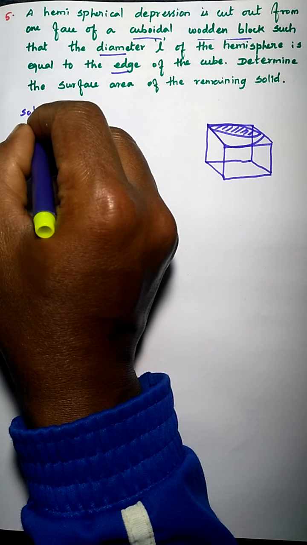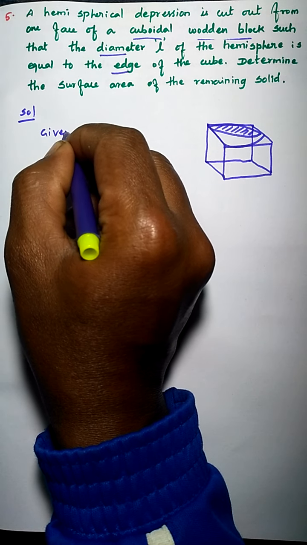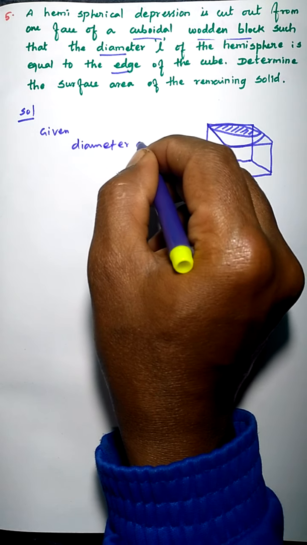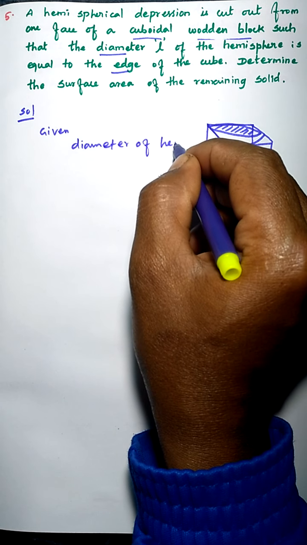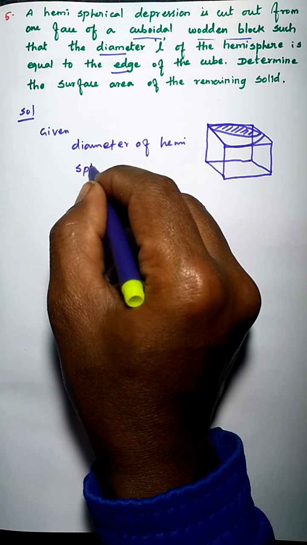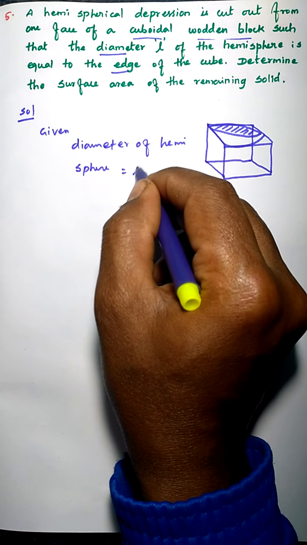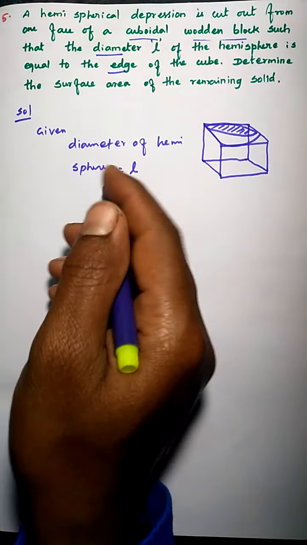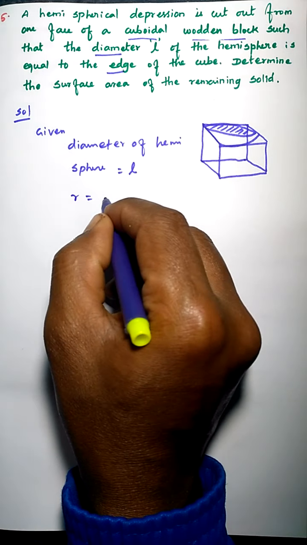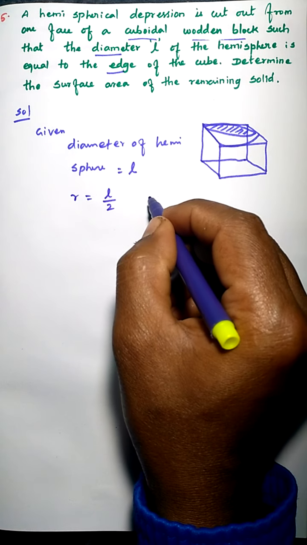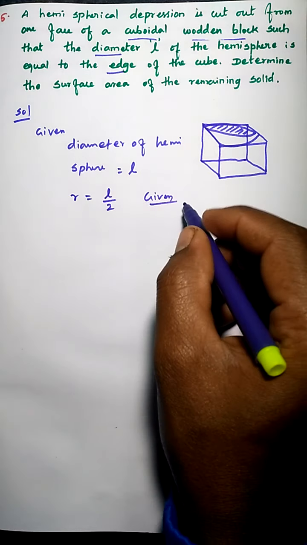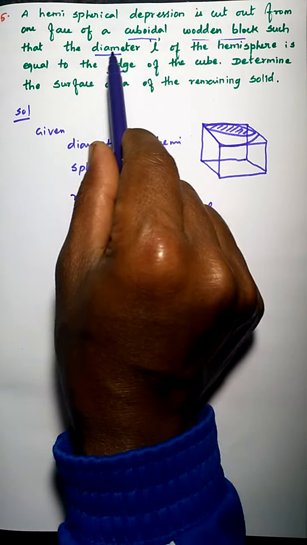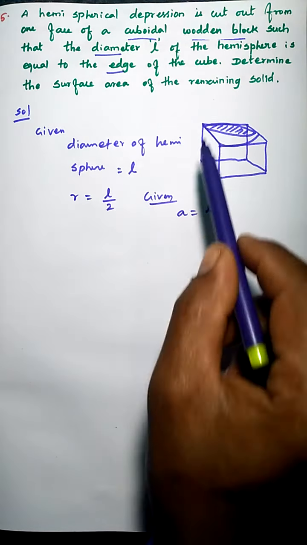So let's start the solution. Given: diameter of hemisphere is L. If the diameter of the hemisphere is L, then the radius will be L by 2, and also given that the edge of the cube, a, is also equal to L, because it's given in the question that the diameter of the hemisphere is equal to the edge of the cube.